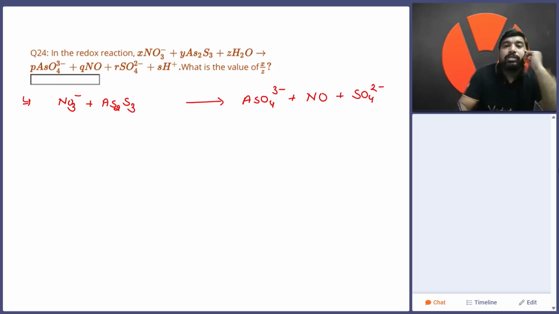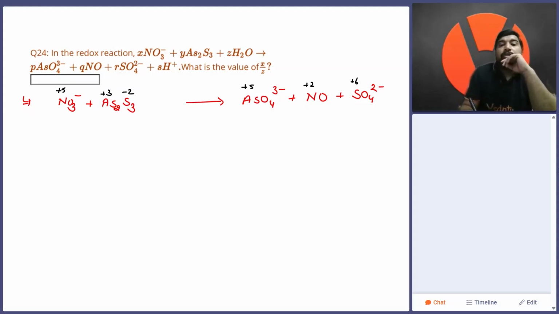What is the oxidation state here? Oxidation state of nitrogen is plus 5. In this case, oxidation state of As is plus 3, sulfur is minus 2. In the products, oxidation states are plus 5, plus 2, and plus 6.